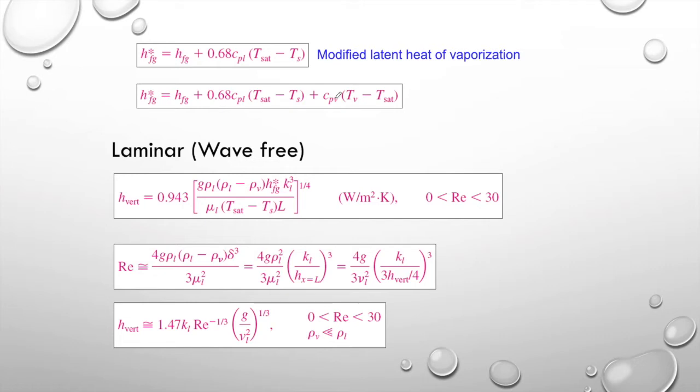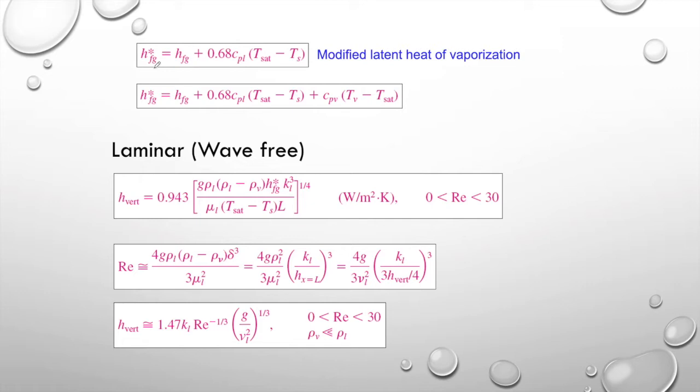in condensation problems. Now we have these two, h star fg and h star fg. First h star fg and second h star fg. Both of these equations have different conditions. The first one, as I mentioned before in the previous video, is for the saturated liquid problems.